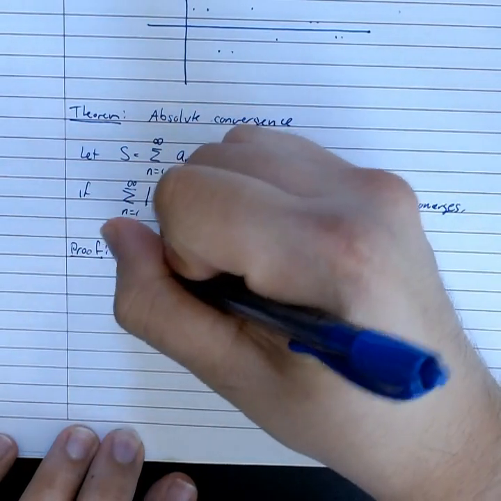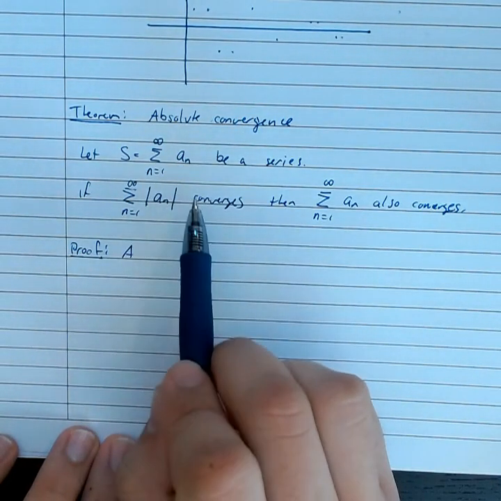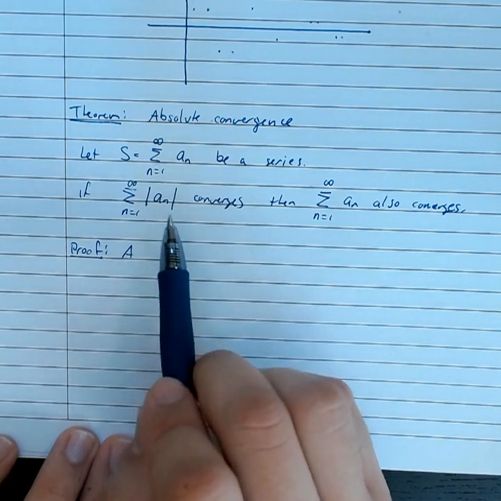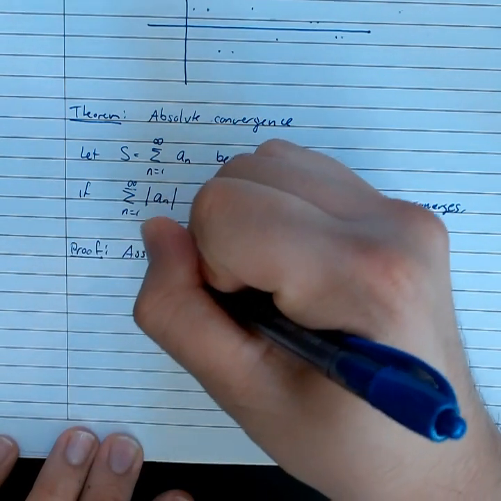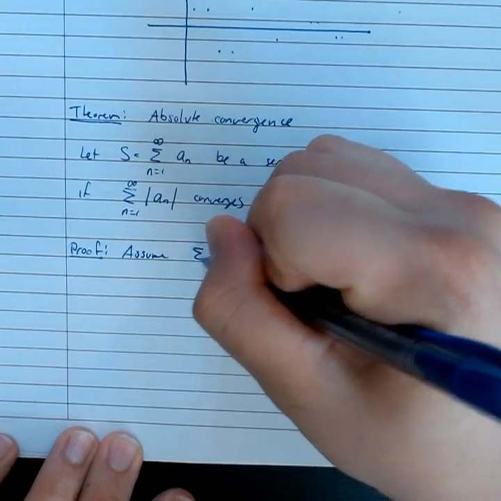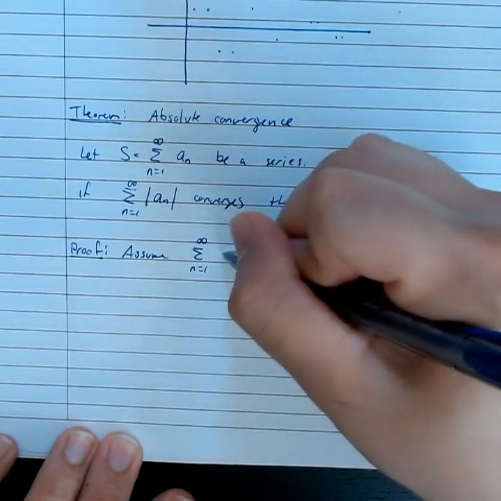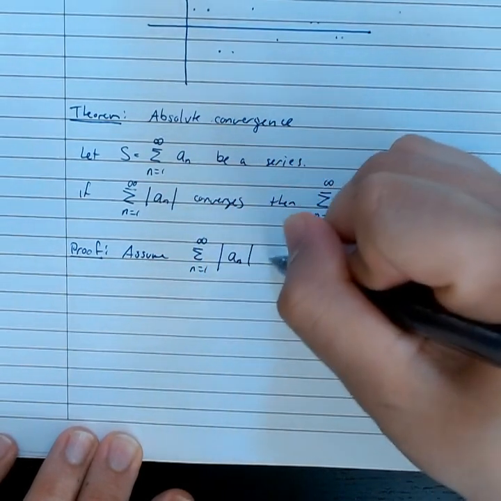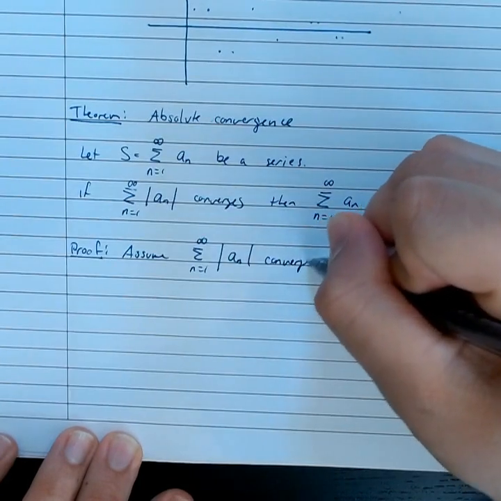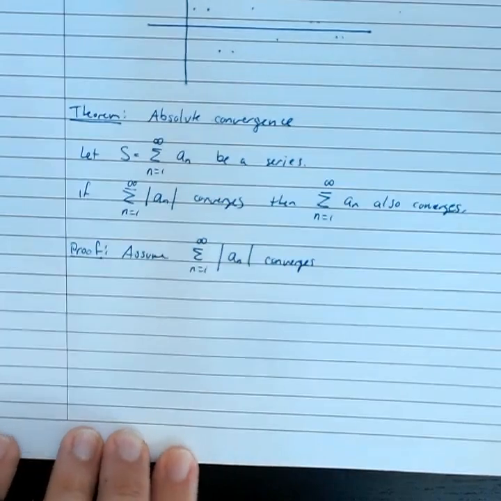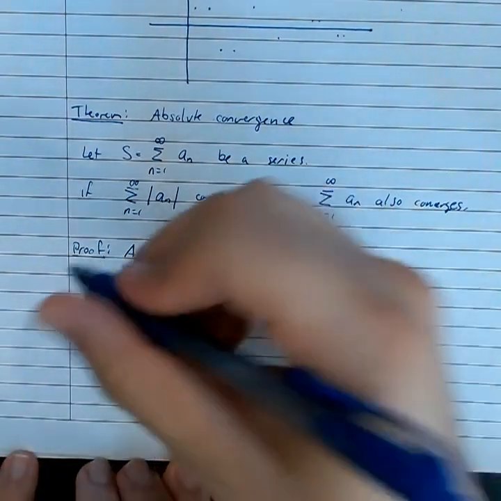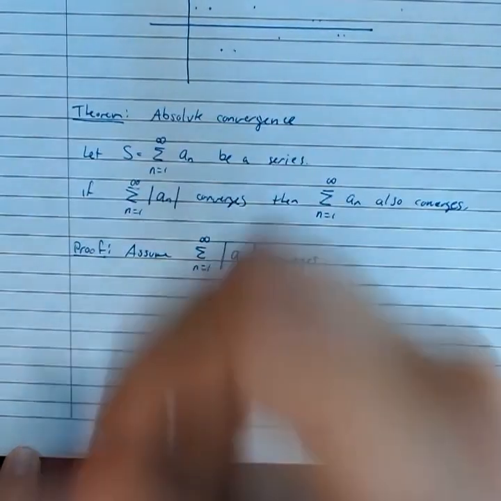Begin by assuming that this series of absolute values of terms converges. Assume that the sum as n goes from 1 to infinity of the absolute value of a sub n converges. Assuming that converges, now consider the following.